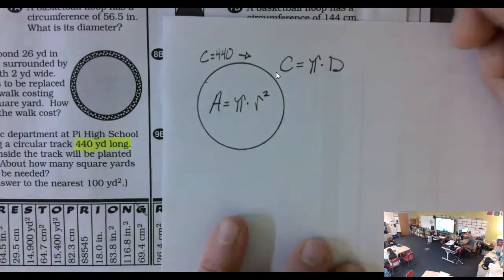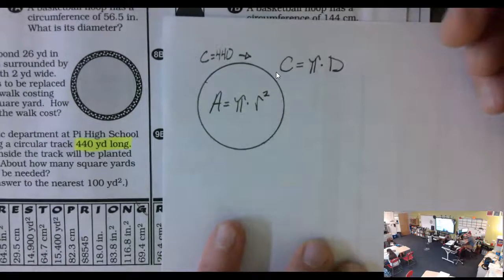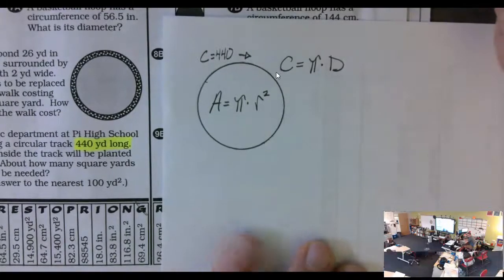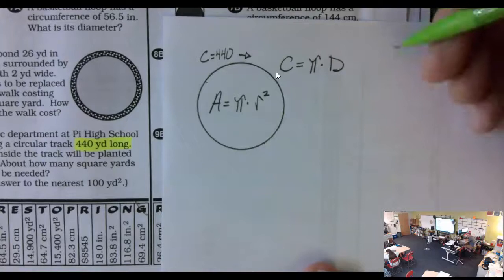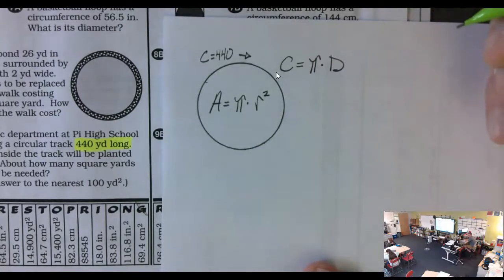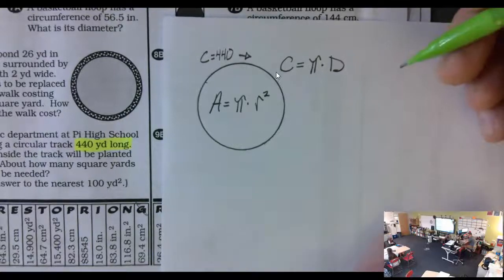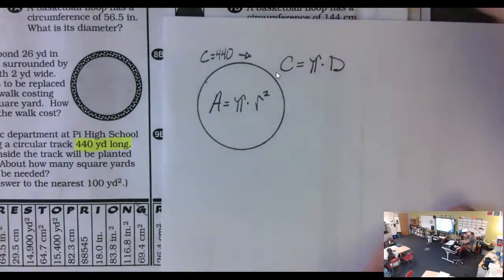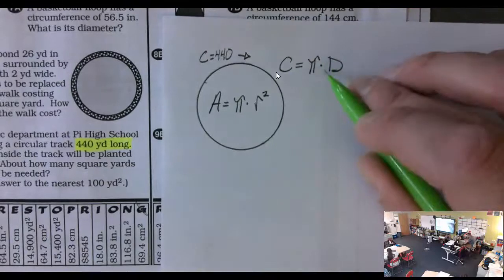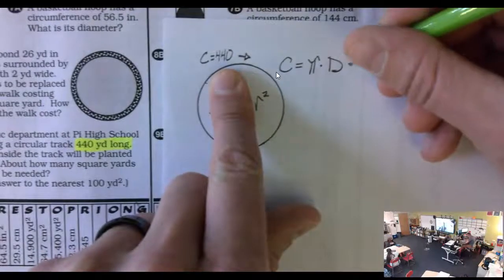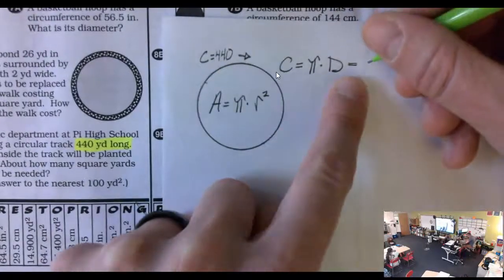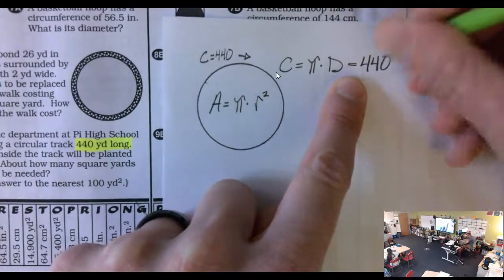Guys, I can tell that we have not practiced this enough because you are not helping me, like you're not answering. So you need to do this practice is what that tells me. You need to practice more with circles. So we're not going to spend all of class doing that, but I'll probably plan some more circle stuff for later this week. So what we're going to do here, since they told us the circumference, is set pi times d equal to 440.